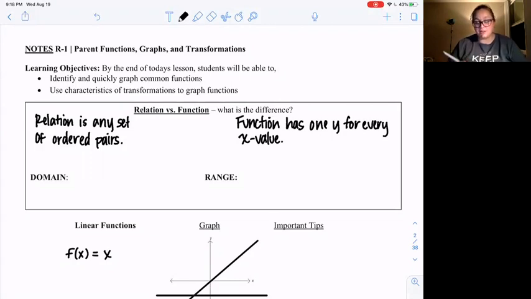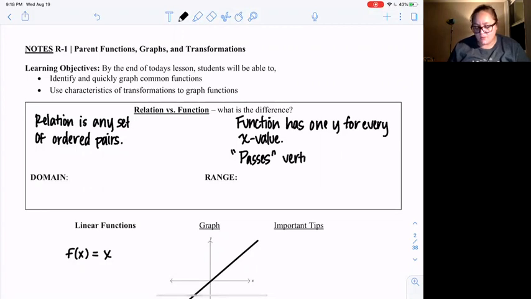And the other thing you can consider is that if you remember the vertical line test, this passes the vertical line test. So that means you can take a vertical line and pass it from left to right over the graph. And if the vertical line is only ever hitting one point as you pass it, it passes the vertical line test.